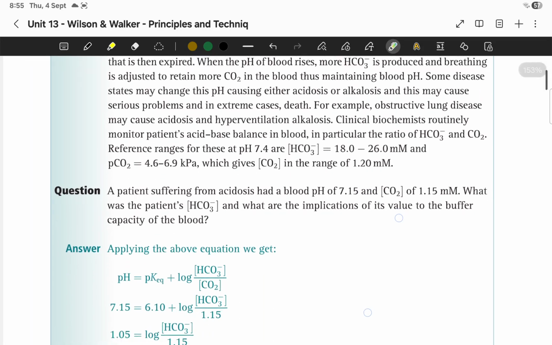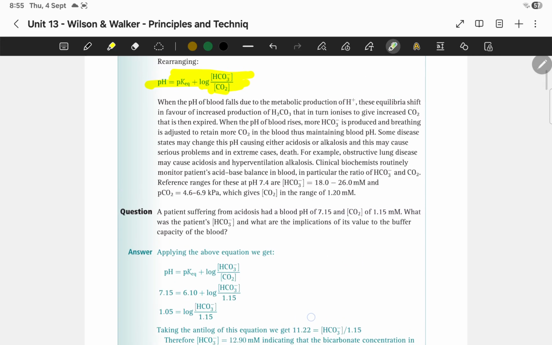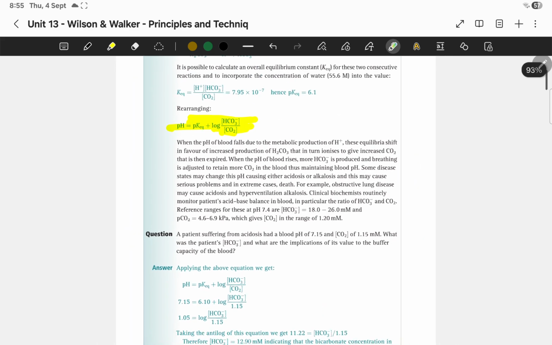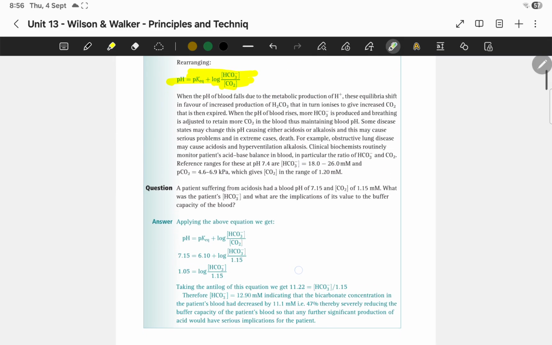Okay. So the question is, a patient is suffering from acidosis. If it is an acidosis, then there is an increase in either H plus or CO2. The patient has a pH of 7.15. Normal is 7.4.